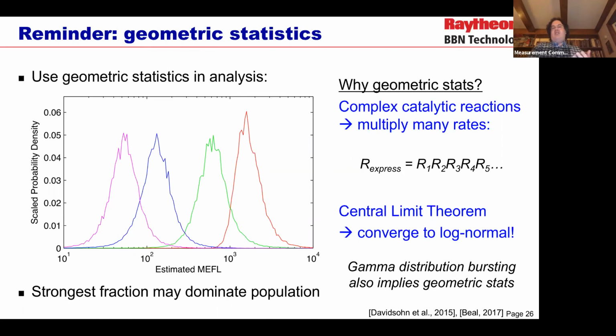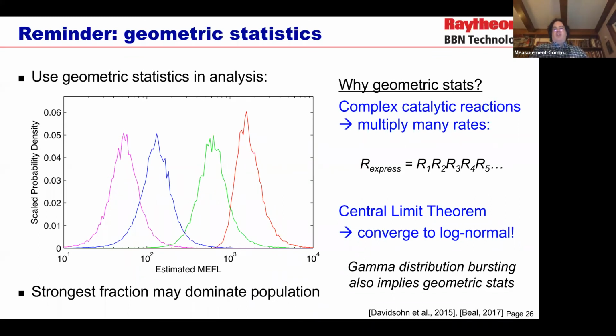This comes down to essentially that anything to do with gene expression can be thought about as a complex reaction with a whole bunch of rates being multiplied for all the stuff that we usually don't model, like the actual transcription and translation processes. When you multiply a bunch of rates together that all might vary a little bit, that should lead you to expect things that look like nice normal bell curves on the log scale.